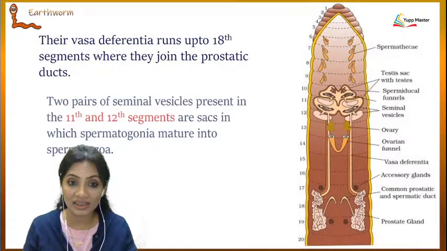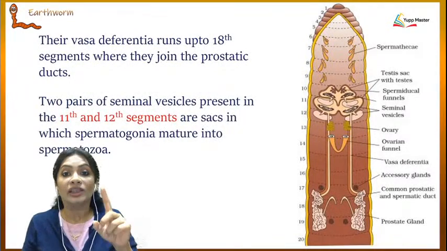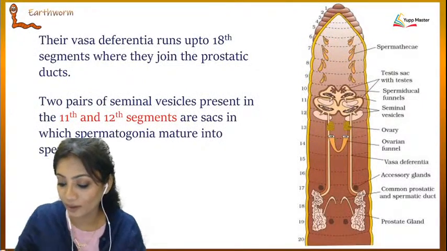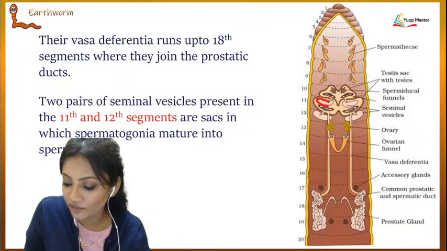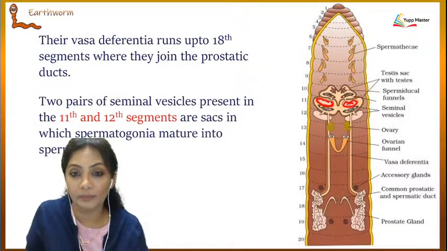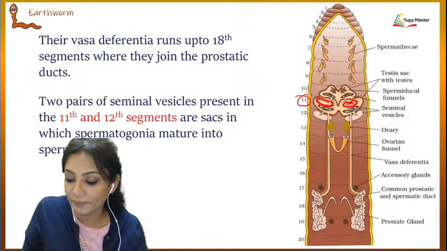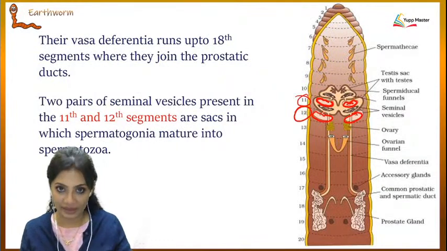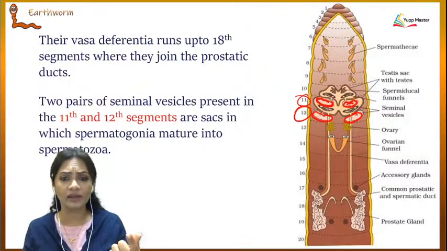They're going to join the prostatic duct, and we see there are two pairs of seminal vesicles. Where are these seminal vesicles? Let's locate them. Look at this one here. This is one pair over here, segment number 11. One pair over here, segment number 12. So there are two pairs of these seminal vesicles. What is the function of the seminal vesicle?